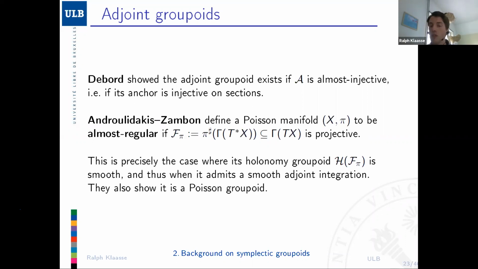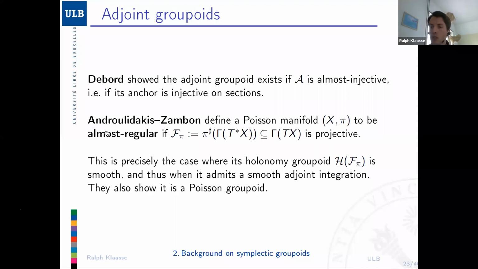Namely, they defined the Poisson structure to be almost regular. So it's not the same as being almost injective. It is almost regular if the module it defines, so pi sharp of Gamma(T*X), is projective. So this is a singular foliation. You can put some compactly supported stuff here if you want, but it doesn't really matter. This is a singular foliation, and it can be projective or not. If it is, then the Poisson structure is said to be almost regular.